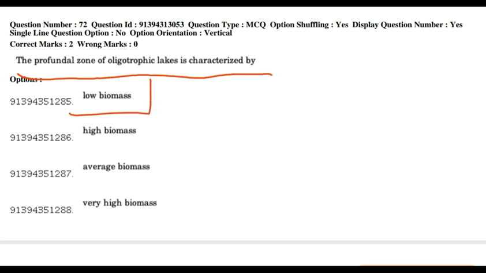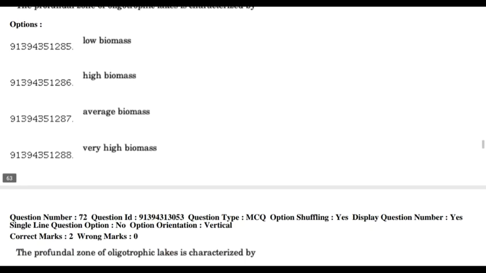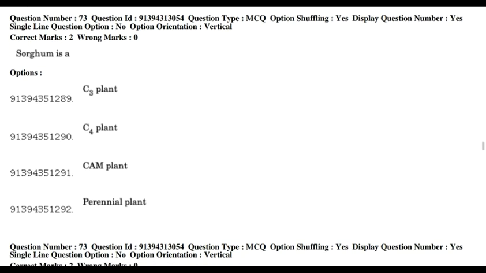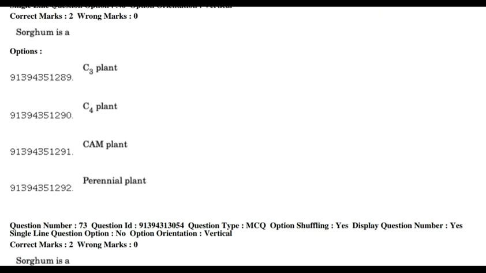Low biomass. Next, sorghum is a C4 plant.